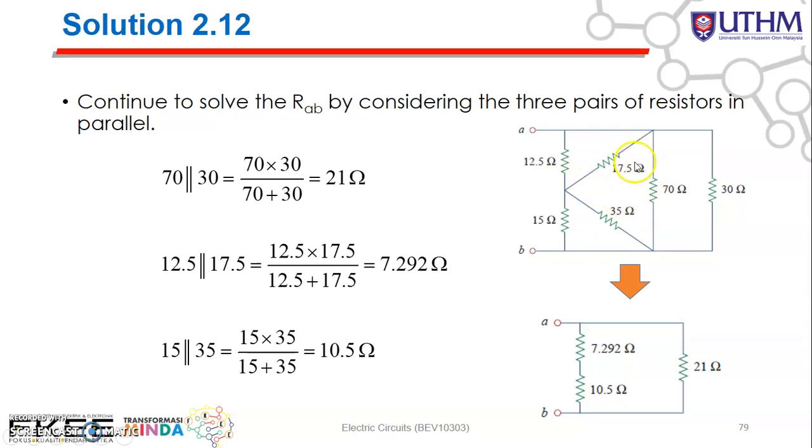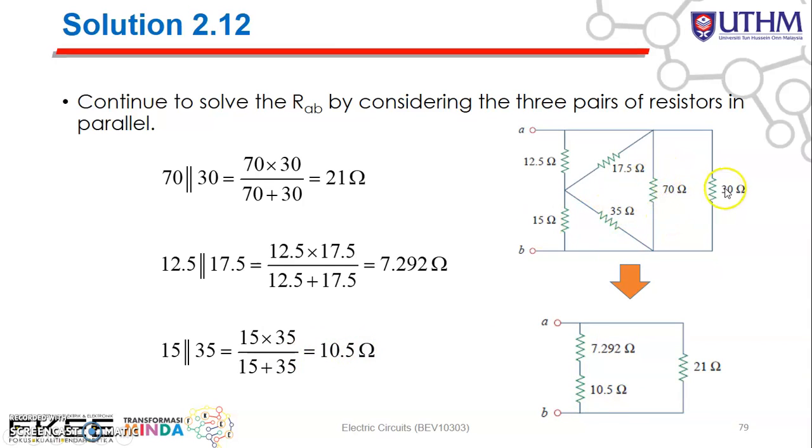So how to calculate it? 12.5 parallel to 17.5, you can simplify it, become 7.292 ohm. How about 35 parallel with the 15? The equivalent resistance is 10.5 ohm.